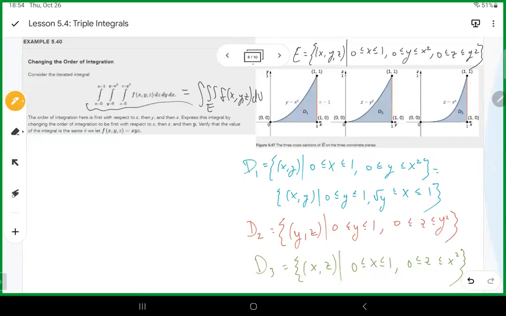So let me give you what that new E would look like, or I guess a different version of E. And then what we would do is look at the problem a little bit generically and then plug in.